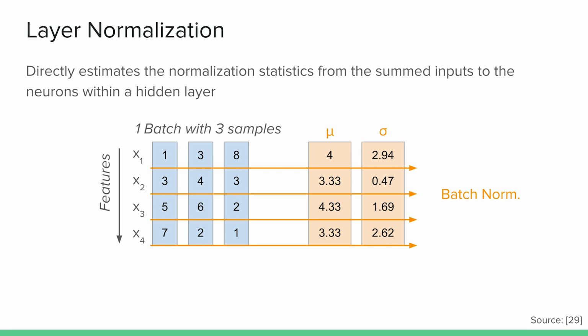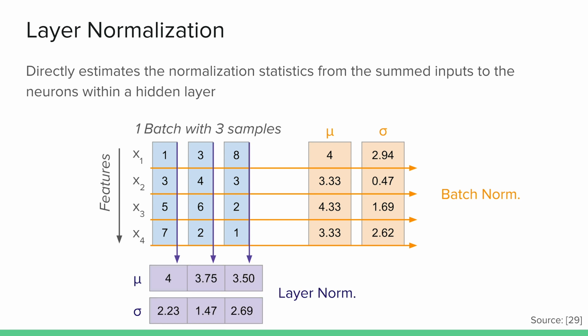If you have a small input batch size, the output statistics that we compute here are very sensitive. And you also have to imagine that for training and for inference, we need a slightly different set of operations to perform batch normalization. Layer normalization, on the other side, would compute those statistical values for normalization for each sample. So not across features, but for an entire layer for each sample here.